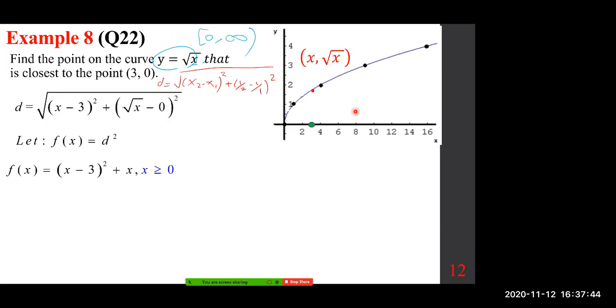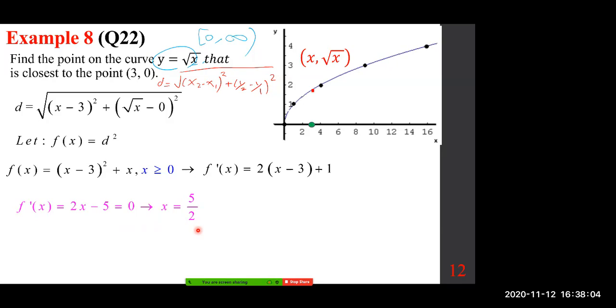So having said that, when we want to take the derivative, it's easy. 2 times x minus 3 to the power of 1 times 1, and then plus x gives us 1. This is simply 2x minus 6 plus 1, or 2x minus 5, and x becomes 5 halves.